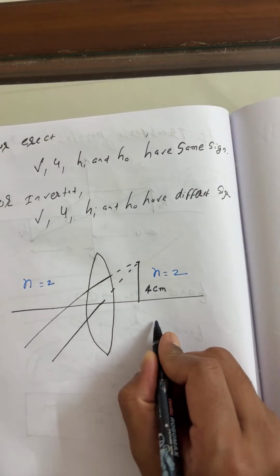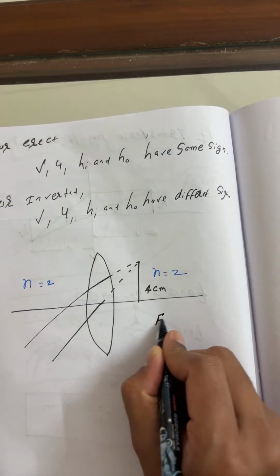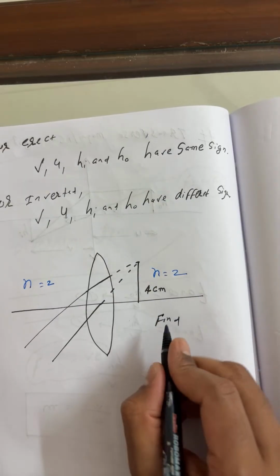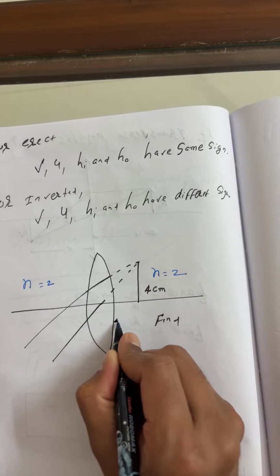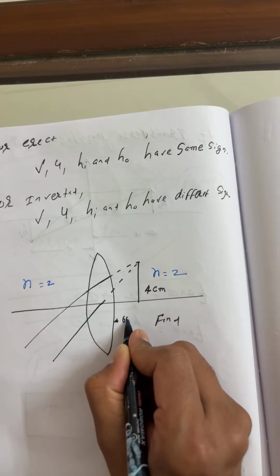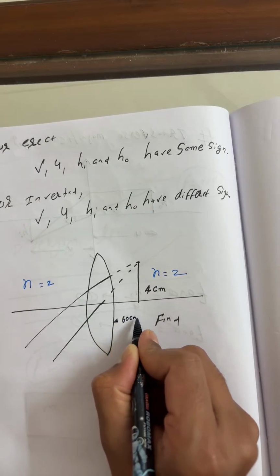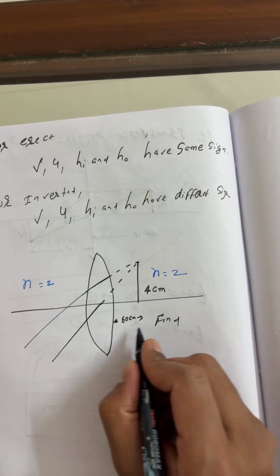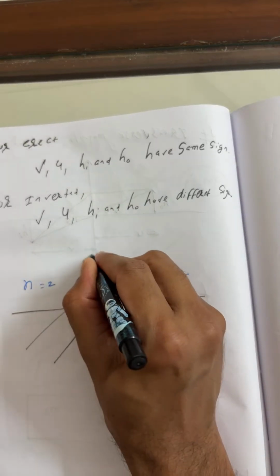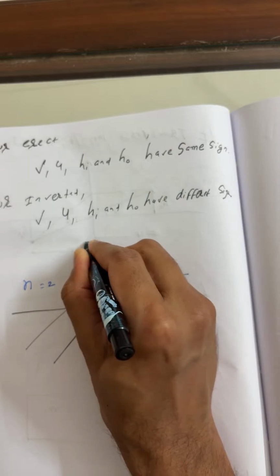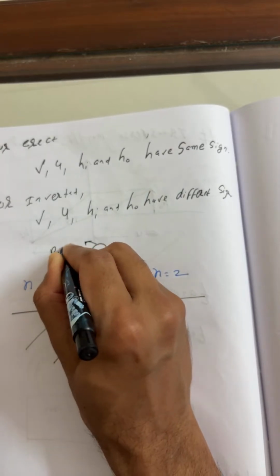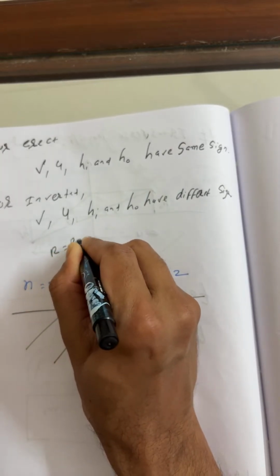Students, you can take this as 60 centimeter. For both surfaces, the radius remains common, so R is equal to 20 centimeter.